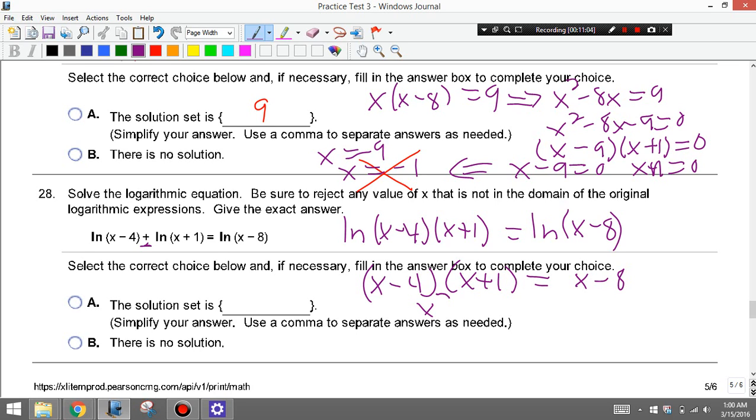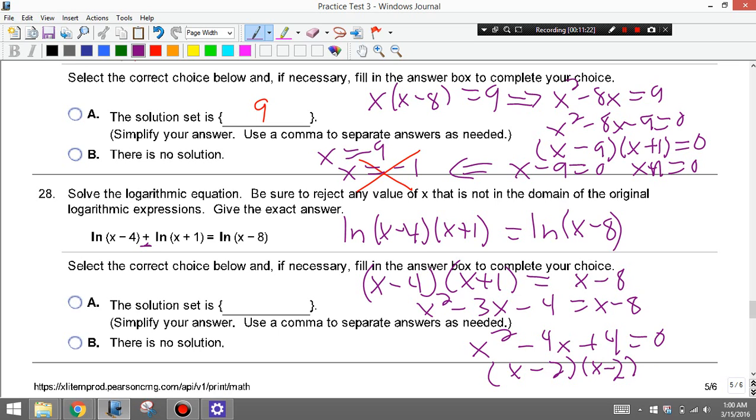We'll factor: x squared minus 3x minus 4 equals x minus 8. x squared minus 4x plus 4 equals 0. x minus 2 times x minus 2 is equal to 0.